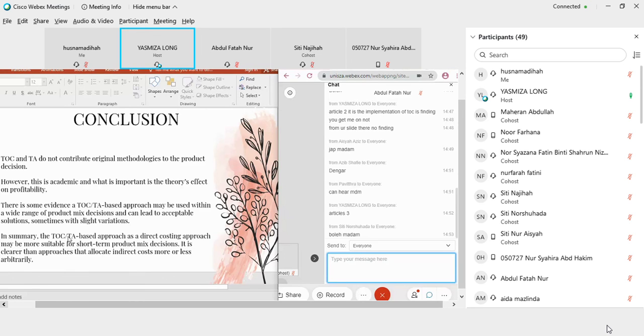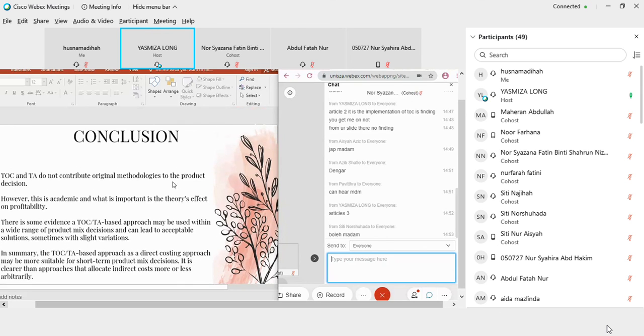This one is from the article ataupun from you all ni? Boleh dengar tak? Dari tiga-tiga artikel, madam, conclusion tu. Oh, I see. Bukan daripada you all lah. Sebab saya tak pasti. It's more suitable for the short term product mix decision. Okay, so never mind. Untuk awak nanti, make sure ada finding lah untuk artikel 2.